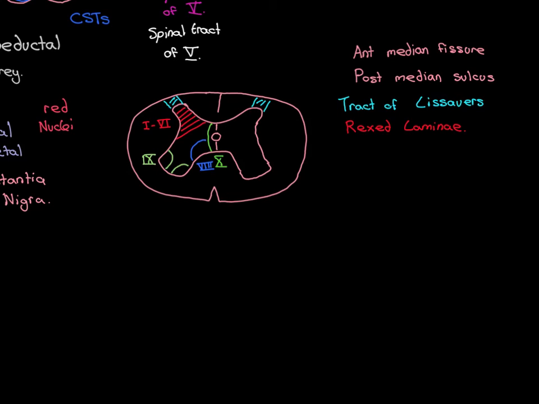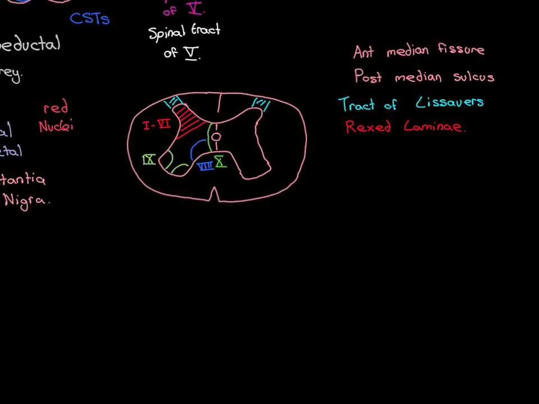And just to give you some other background knowledge about Rexed lamina number 9, it's where the motor neurons that come out of that ventral horn are going to have their cell bodies. So that's the definition of Rexed lamina number 9. It's where the motor neuron cell bodies are.